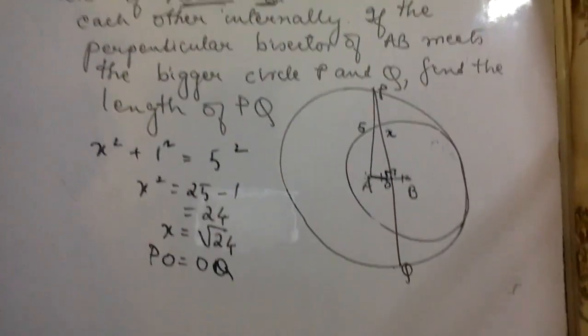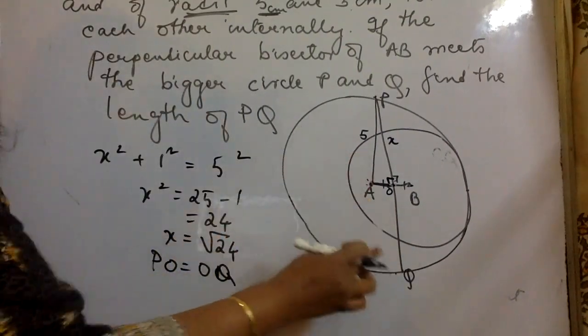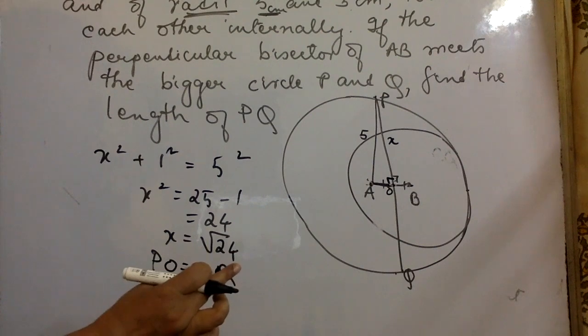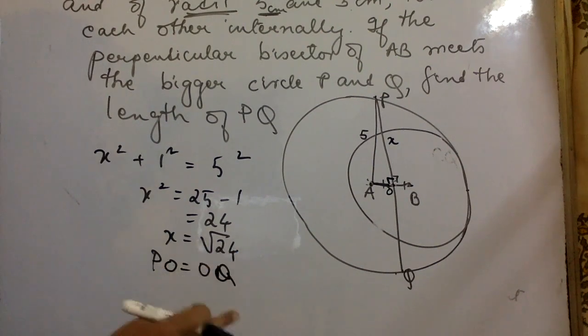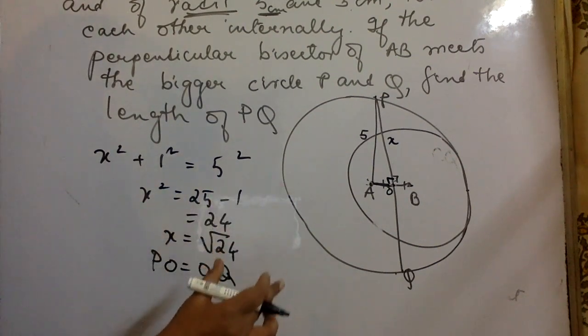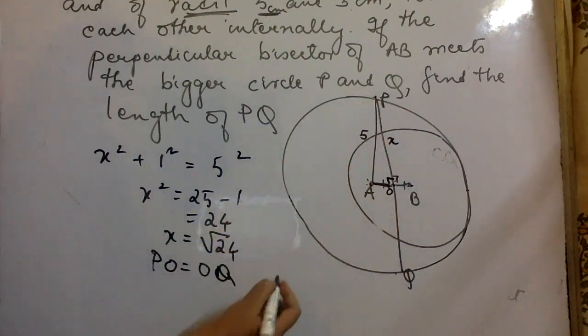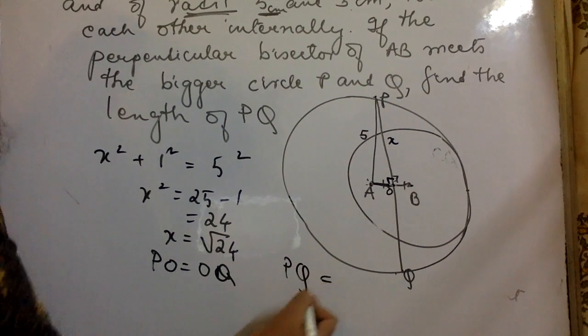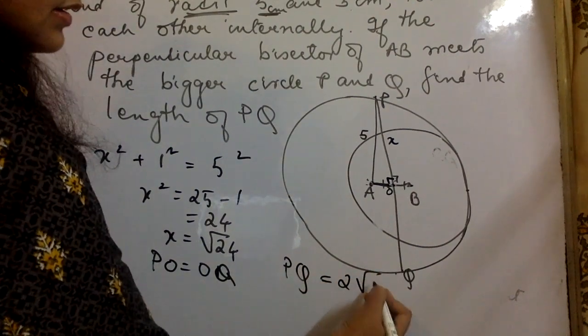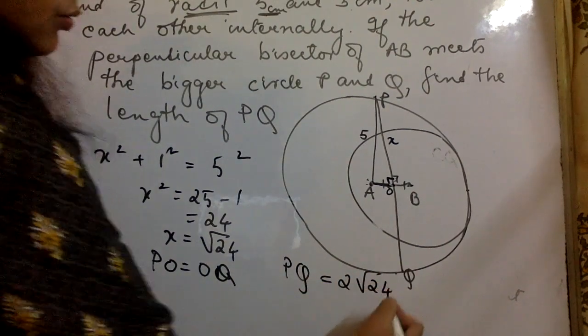If PO is equal to OQ, then what happens? If we want the full length of PQ, PQ is equal to 2 times root 24.